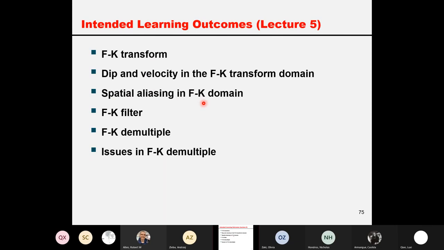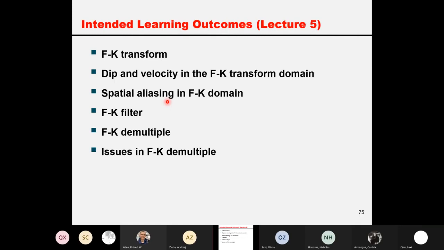In the FK domain, aliasing appears as a wraparound from the end of the Nyquist wavenumber to the other side. I want to emphasize that this aliasing issue not only depends on delta x, the spatial sampling interval, but also on the highest frequency in your data.